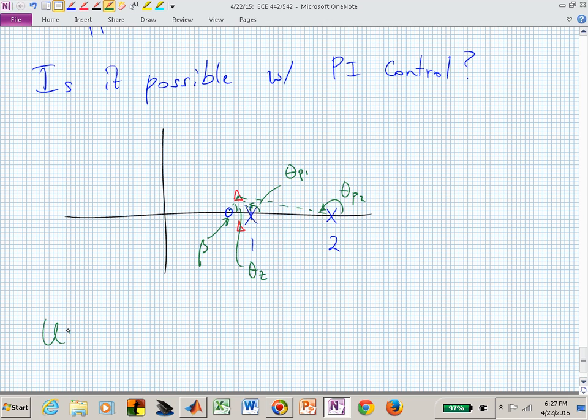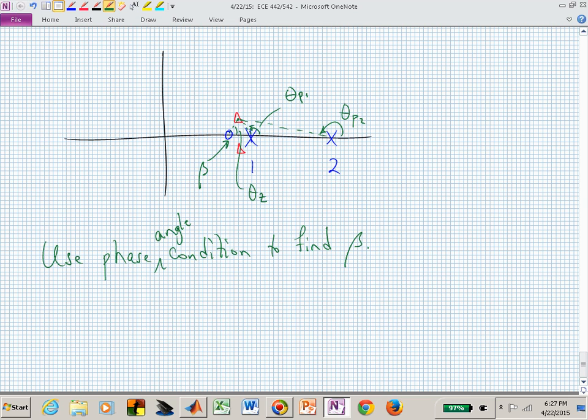And we can now use the phase angle condition, where we know that the sum of all of my zero angles, theta sub z, minus the sum of all of my pole angles must equal minus 180. Is everybody okay with that equation?